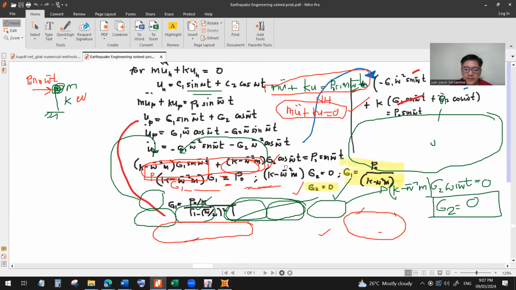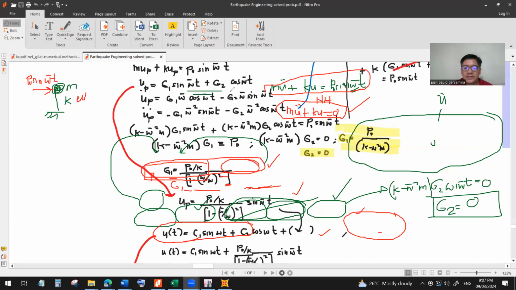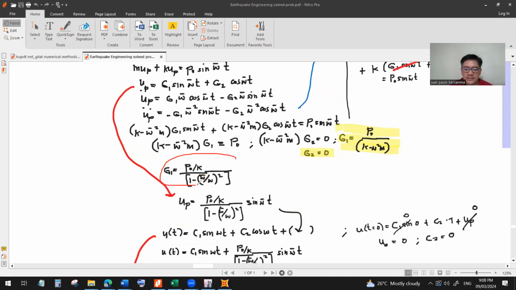Now, further down, you can see that G1 is equal to this. What happened there? Just algebra, no? Because remember, what are M and K? That's omega. That's the square root of k over m. So, omega square is k over m. So, this is just algebra. You can transform this into this.